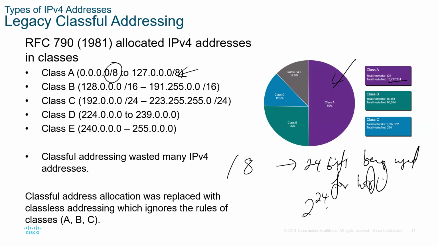All right, that's the right number. A /8 means 24 bits left for the host portion, and 2 to the power of 24 gives 16,777,216, which is close to this number. The -2, we'll get to understand where it comes from later on.